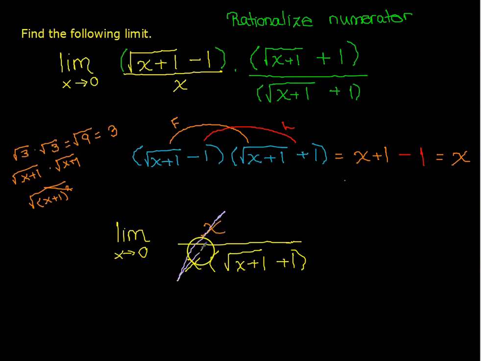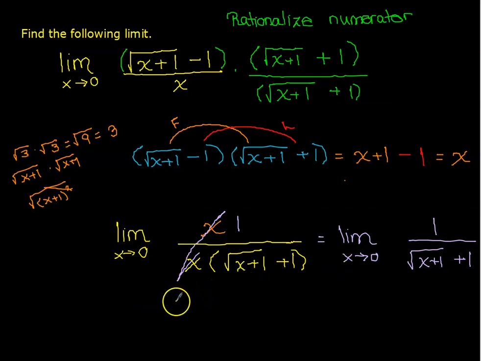X divided by x. Think of it as 2 divided by 2, 3 divided by 3, 4 divided by 4. When you divide the same things, you will get 1. So this becomes the limit as x approaches 0 of 1 over the square root of x plus 1 plus 1. Once you rationalize the numerator and you divide out, you're going to check direct substitution.